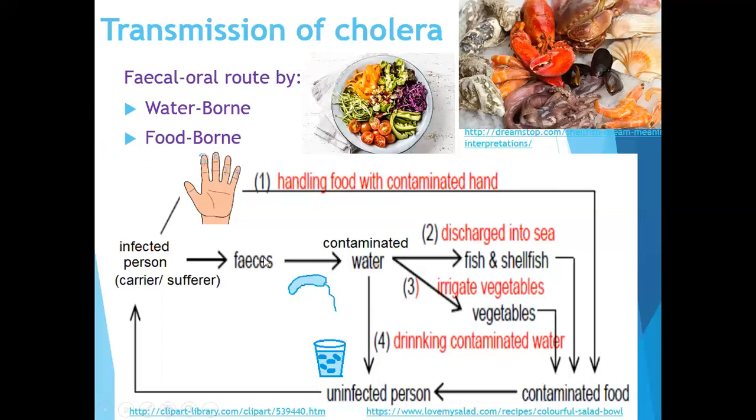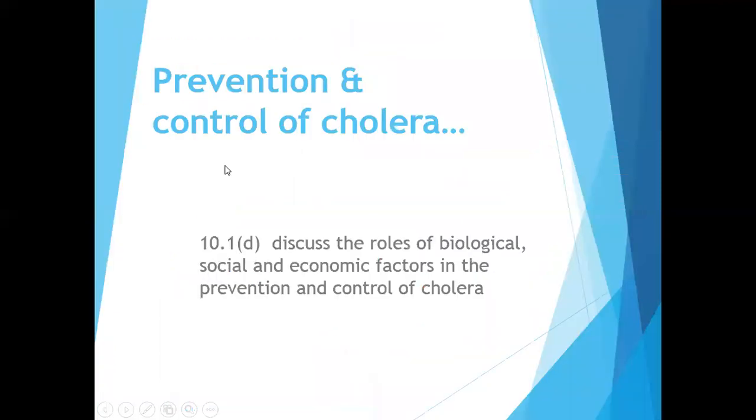That means from the feces, which contain the bacteria which comes from an infected person, it goes to the mouth of the uninfected person, either through waterborne, through the contaminated water, or foodborne, through the contaminated food. So it's all by fecal oral routes, okay, waterborne and foodborne.